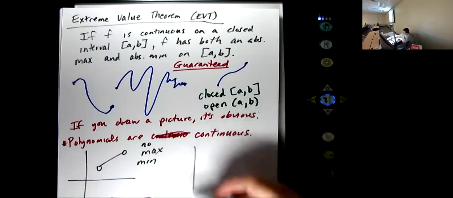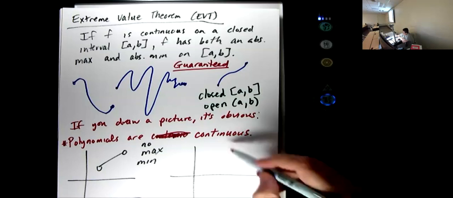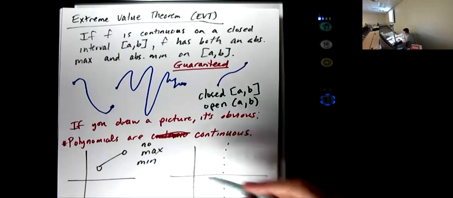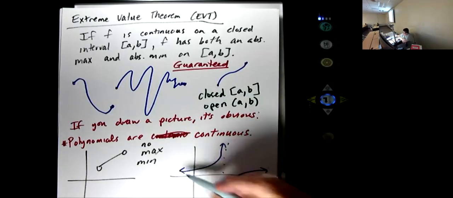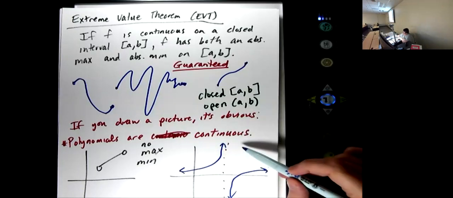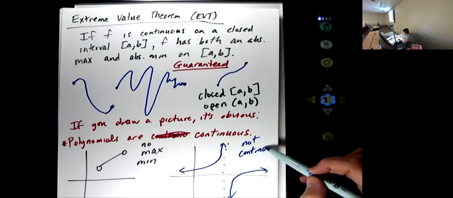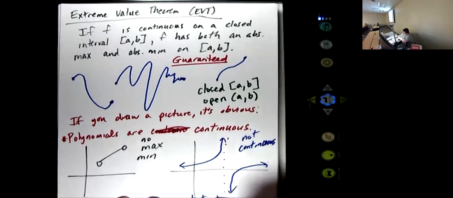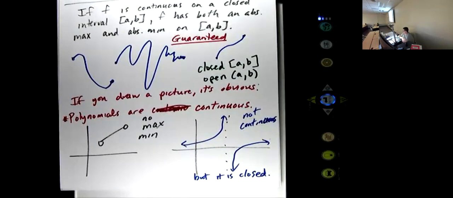And we don't want something like this. No. Like this is continuous everywhere on its domain, but it doesn't have a max and a min. This is not continuous, but it is closed. They say it's closed if it has every value in its domain listed.